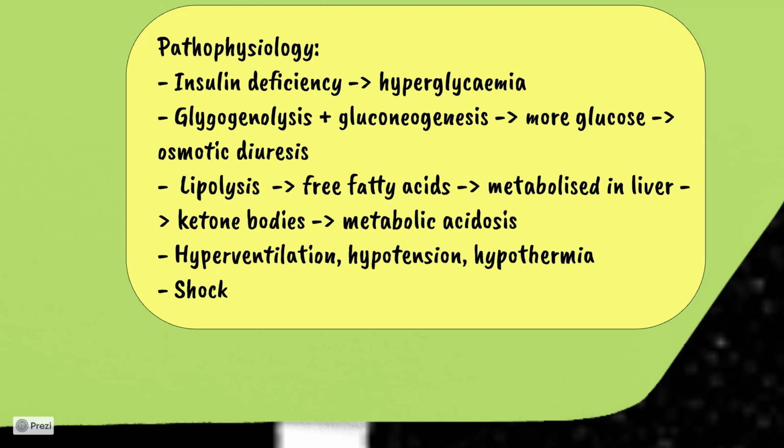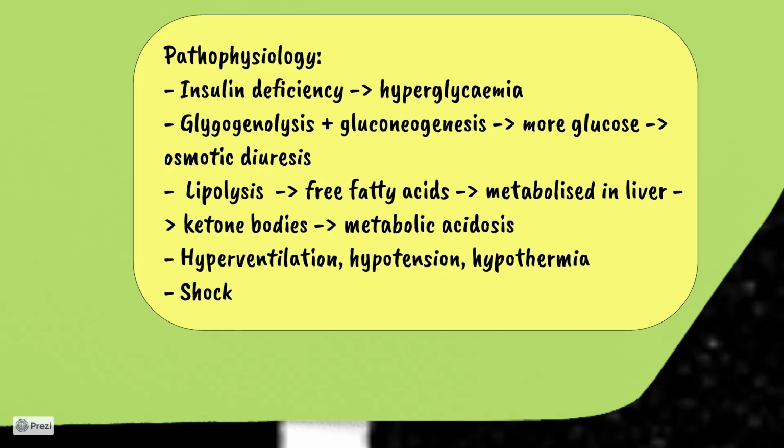These patients can also become peripherally vasodilated, leading to hypotension and hypothermia. The hypotension due to peripheral vasodilation and due to hypovolemia caused by osmotic diuresis, as mentioned previously, can lead to shock, which is life-threatening. So when we think about management of DKA, we will need to address these complications.